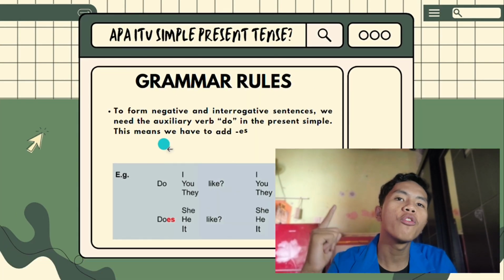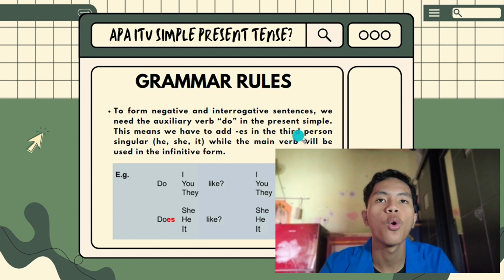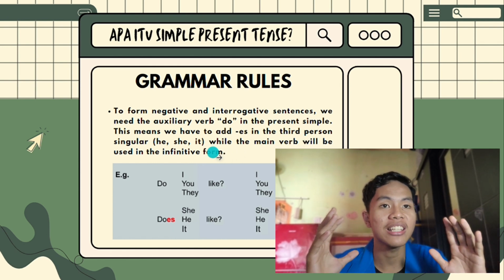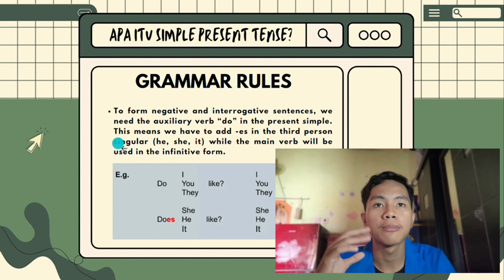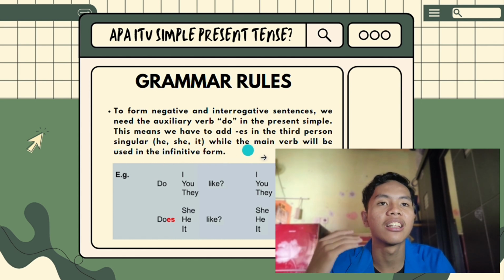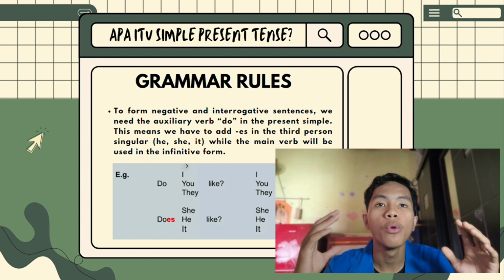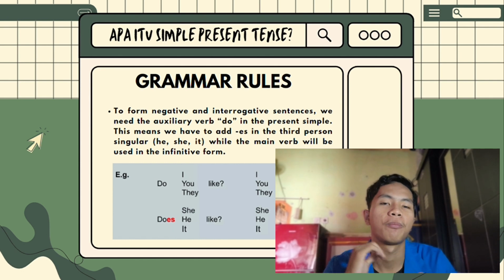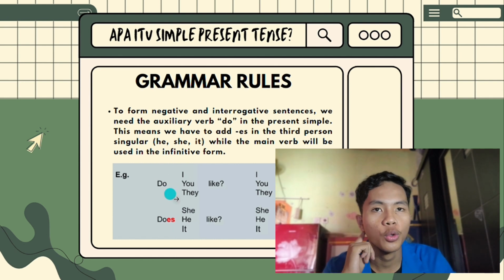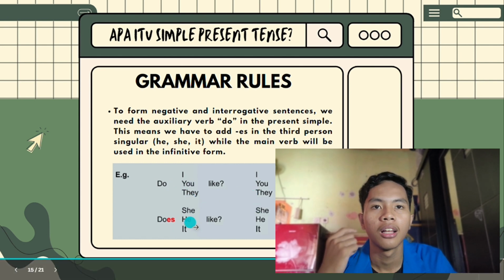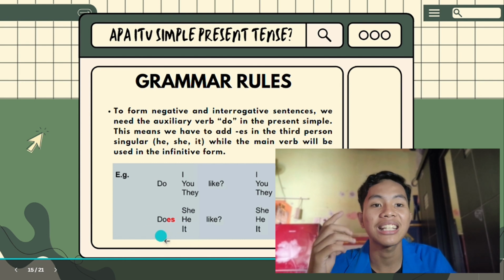Next, to form negative and interrogative sentences, we need the auxiliary verb do in the present simple. This means we add s in the third person singular he, she, it, while the main verb will be used in the infinitive form. For example, it is do if we use I, you, they. But if we use she, he, it, or the third person singular, it is does.